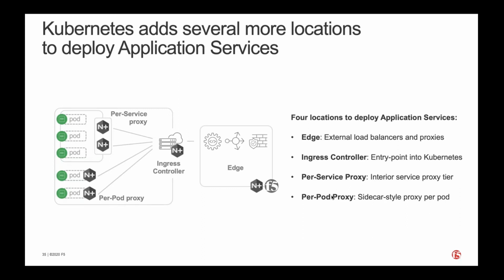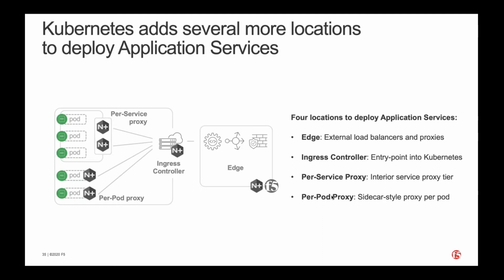At the edge is where we are normally deploying our F5 nowadays. The per services proxy and the per pod proxy, together with the Ingress Controller, are new locations where we have to think about where we can put some extra security.